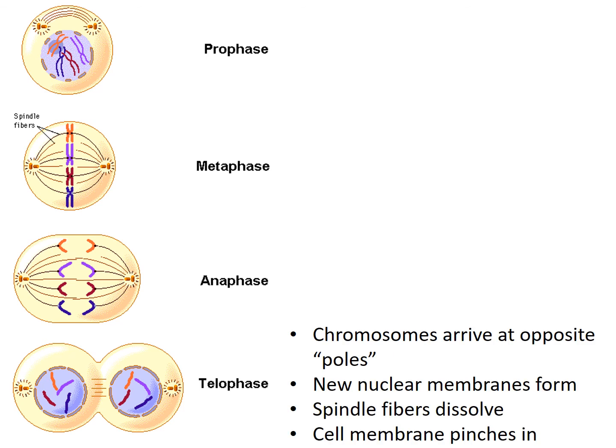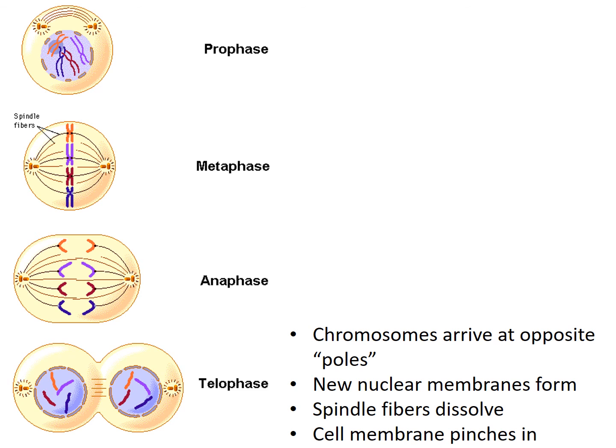Eventually, the chromosomes arrive at their final destination at opposite poles of the cell, and a new nuclear membrane begins to form around each set of chromosomes. The spindle fibers can dissolve because their function was to pull those chromosomes toward opposite ends of the cell. So once the chromosomes reach that destination, the spindle fibers can dissolve.